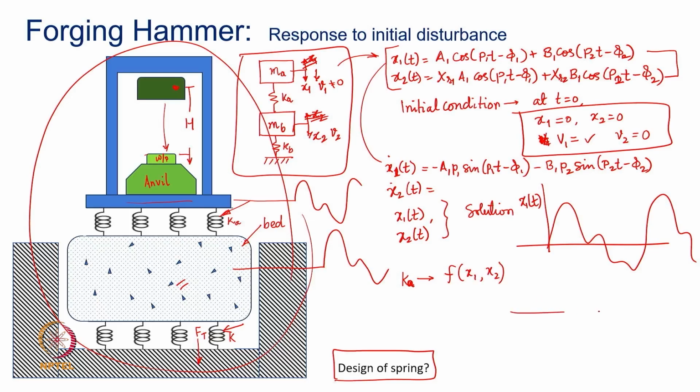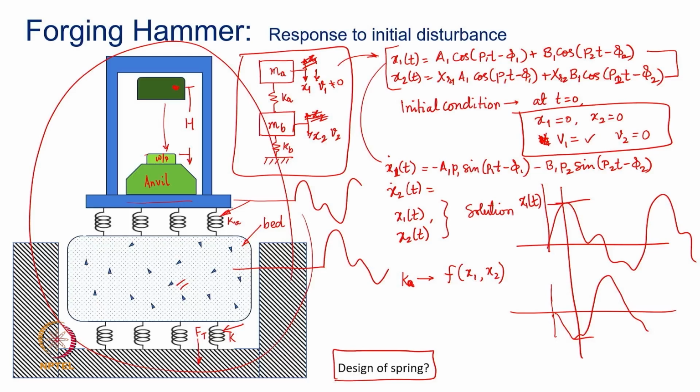So you may have a case where individually those displacements may be fine for the spring design, but at a particular instant of time the total stretch will be relative, right. If x1 is negative, x2 is positive, or vice versa, the total stretch is going to be much larger than what you might expect. Okay.